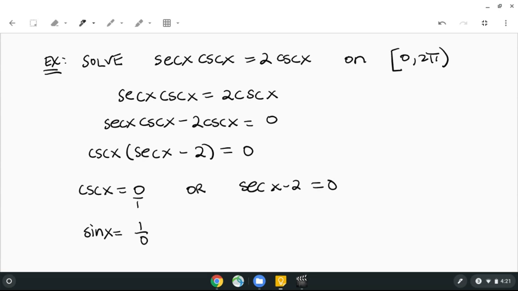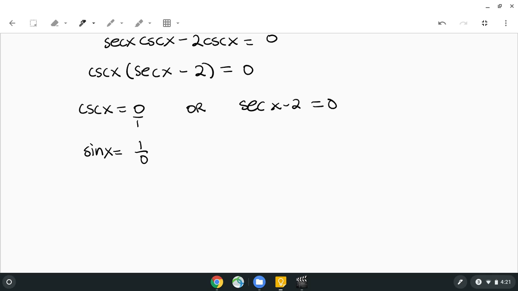Well, does that ever happen? No, this never happens. There's no angle whose sine is 1 over 0, because 1 over 0 is undefined. So there's no solution from here.